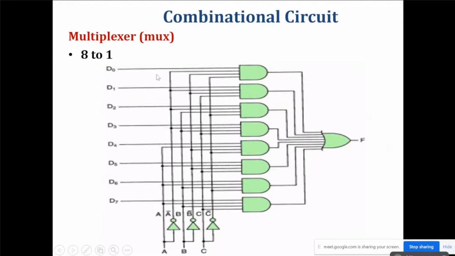So this is the implementation of the 8x1 mux with the use of AND, OR, and NOT gates.